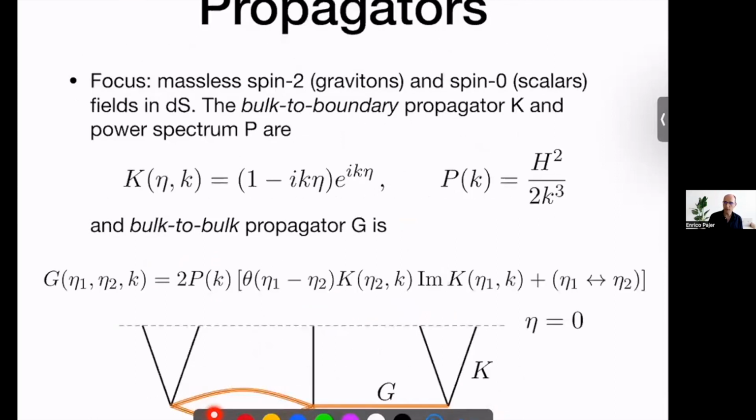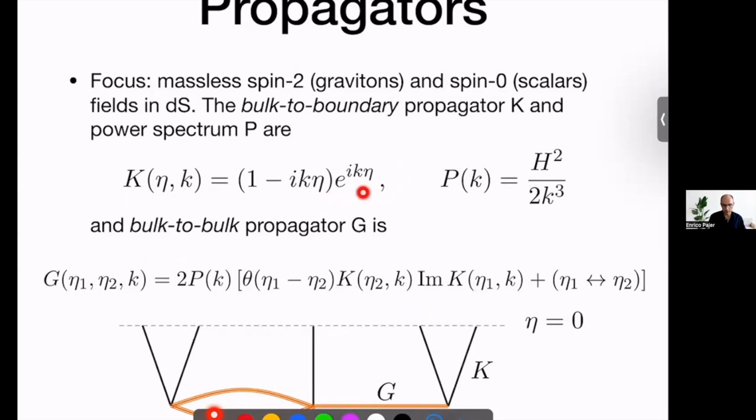Just to have you see the propagators, if you have never seen them, as an example in this talk, I'll mostly talk about massless spin 0 and spin 2 degrees of freedom, so gravitons and scalars. These are the ones that we care about in cosmology. They are the only ones that survive at late times. Their propagators are pretty simple.